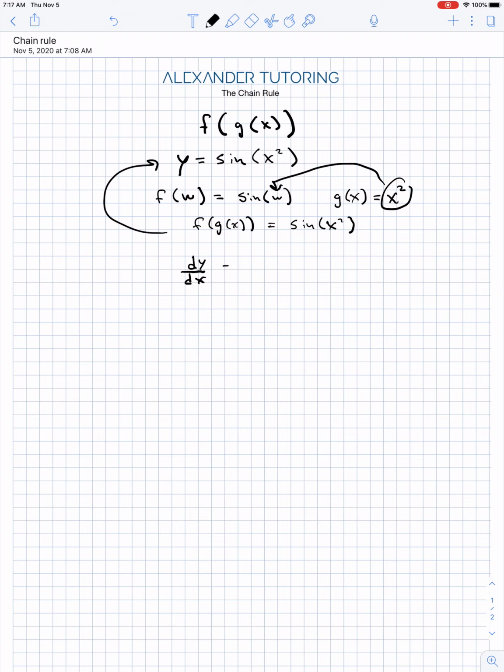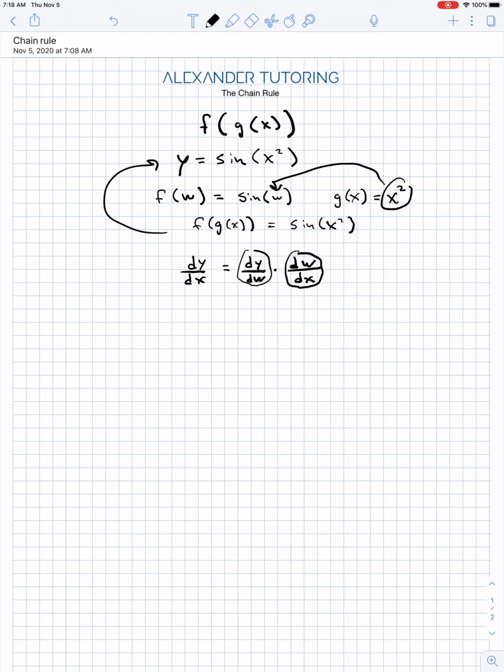Now, what I'm going to do is split this into two fractions. I'm going to call this dy dw times dw dx. You can see that they're the same thing because the dw's just cancel to get dy dx.